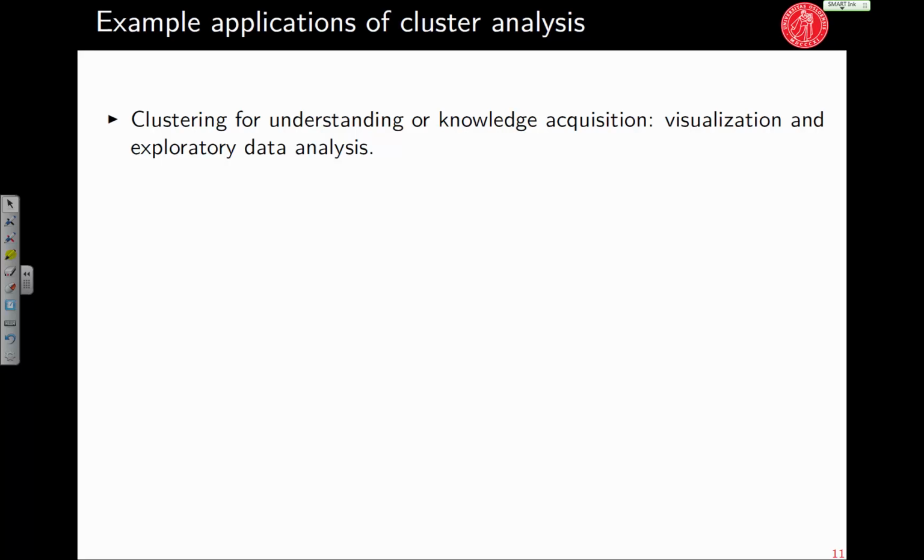They don't know where to start, so they need to explore this data somehow. So we use clustering to group the different genes according to their behavior, to their functionality, and then use that maybe for them to start with different classes.